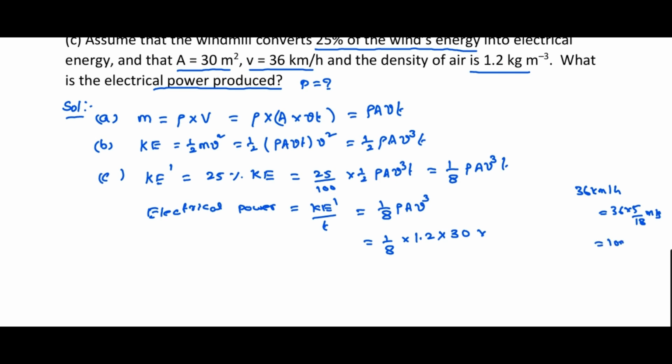That is nothing but 10 meters per second. We write 10 cube. After simplification, we will get 4.5 into 10 power 3. Here the SI unit of electrical power will be watt. That is also nothing but 4.5 kilowatt. This is the answer for 5.21: mass, kinetic energy and electrical power produced.